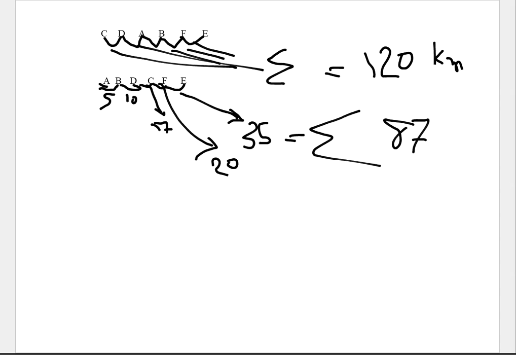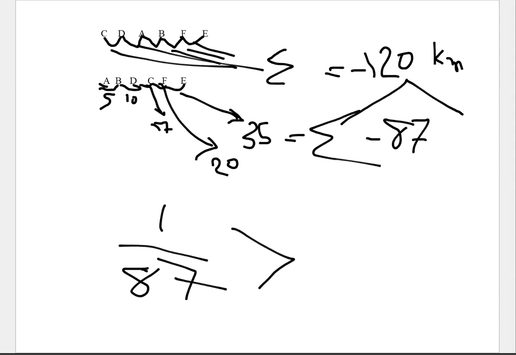So which of these do we use? The reverse, or negative, of it. Negative 87 is greater than negative 112, or the reverse value: the reverse of 107 is greater than the reverse of 180, and 7 is greater than 112.